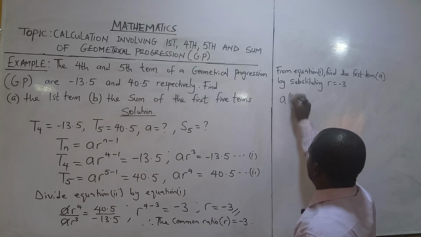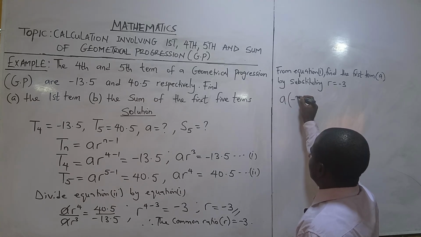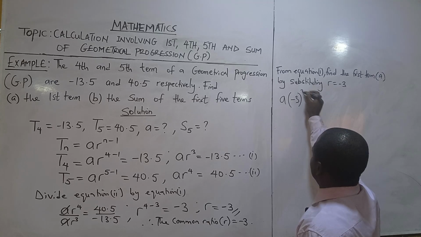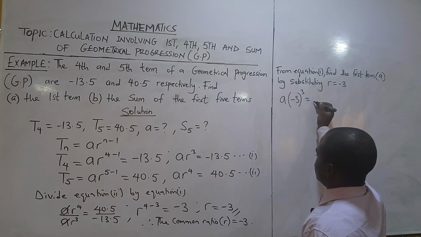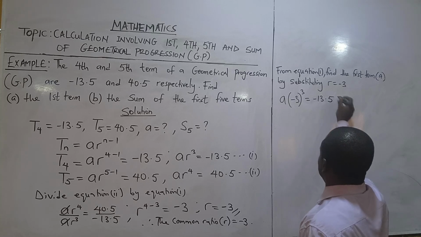Now a, open bracket, minus 3 raised to power 3, equals minus 13.5.